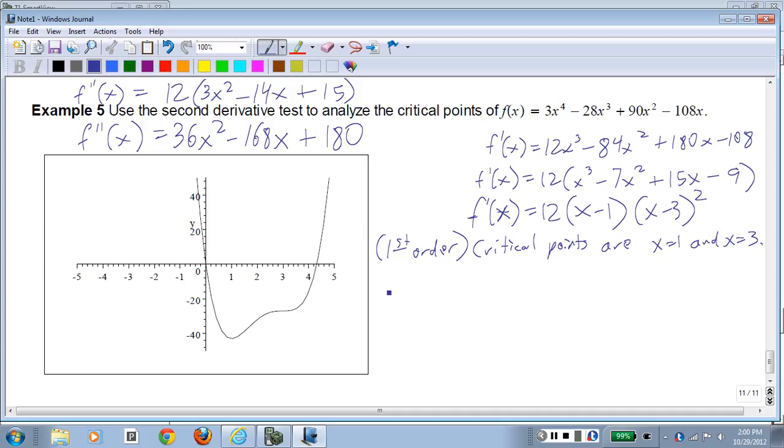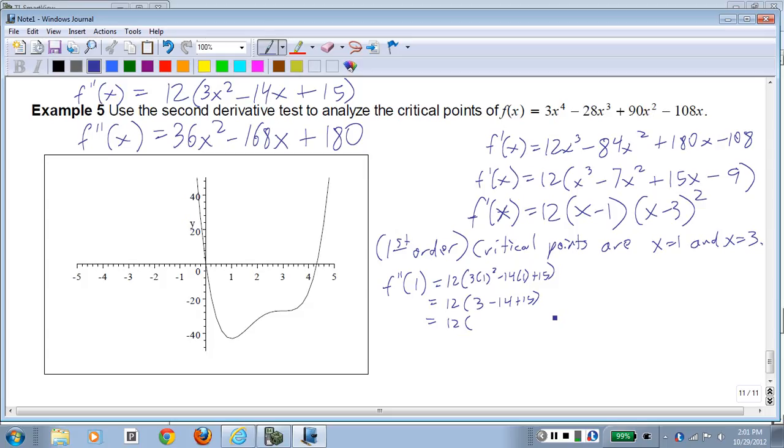So f double prime of 1. Is it positive? Is it negative? Is it 0? Yeah. 12 times 4?